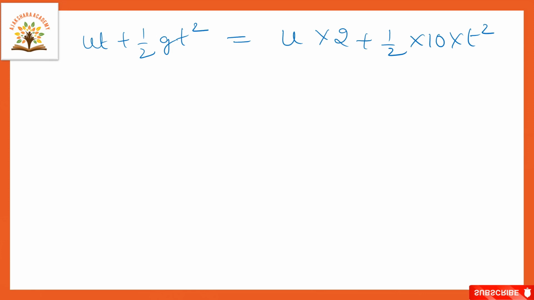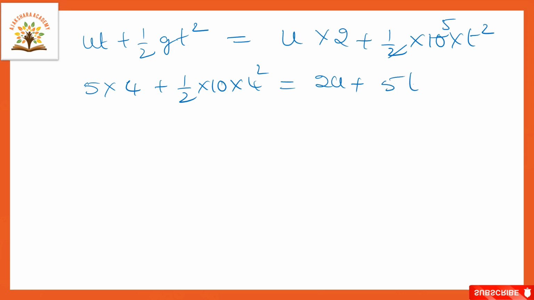Now substituting, for the first ball they gave us 5 meters per second. So 5 into t, which is 4 seconds, plus half into g, 10, into 4 square, is equal to 2u plus 2 ones are 2, 5 t square. 5 into 4 is 20, plus 5 into 4 square, 16, 16 fives are 80, that is equal to 2u plus 5t square.